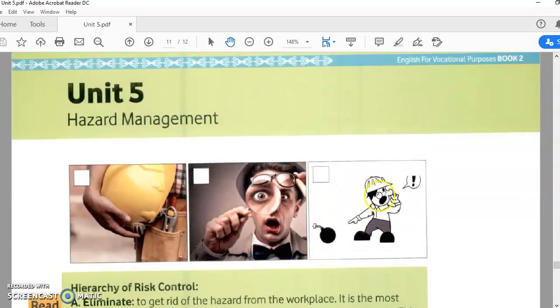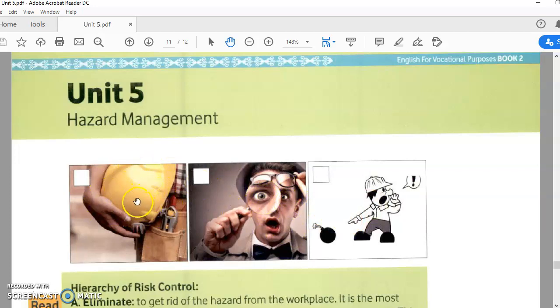These are the 3 pictures. So we said the steps are: number 1, spotting a hazard. Which picture here represents spotting a hazard? Yeah, this picture on the right. After spotting a hazard at work, the second step is to assess, making sure or finding out how high or low the risk of that hazard is, which is the second picture here.